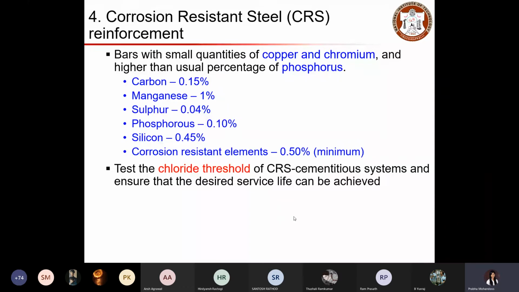And we can check the quality of TMT ring bar with the TMT ring test. So the TMT ring test basically tells you the cross-sectional phase distribution. So you can identify the outer ring formation and concentric inner region and see whether that is adequate enough or not. If not, that indicates that you are using poor quality rebar.